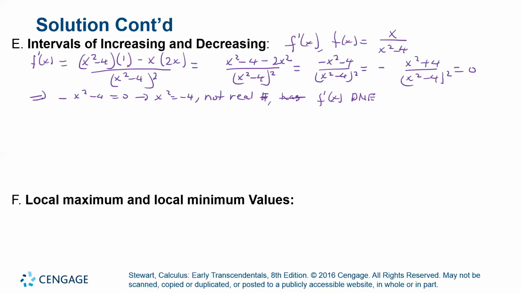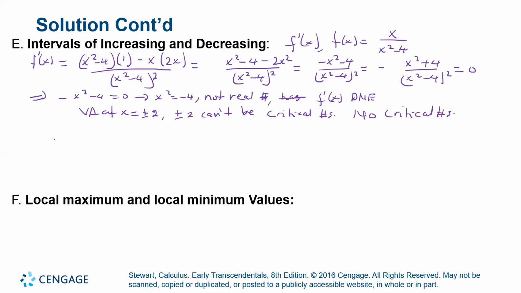And if it is -2, the denominator will be 0. But you know that we have vertical asymptotes at x equal to plus or minus 2. So plus or minus 2 can't be critical numbers. Therefore, here you say there are no critical numbers.